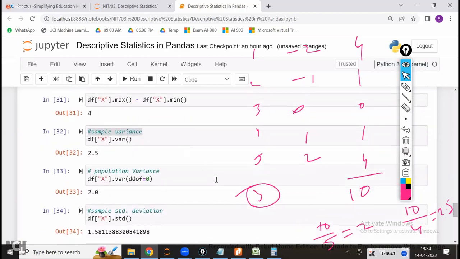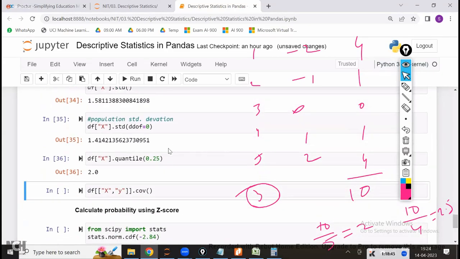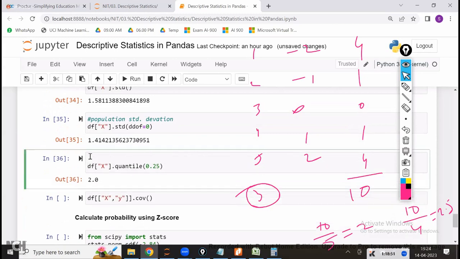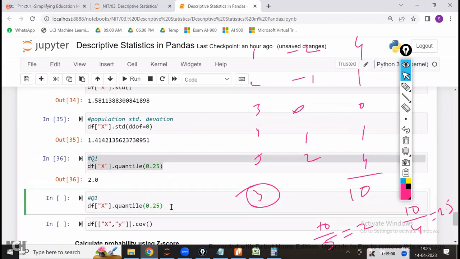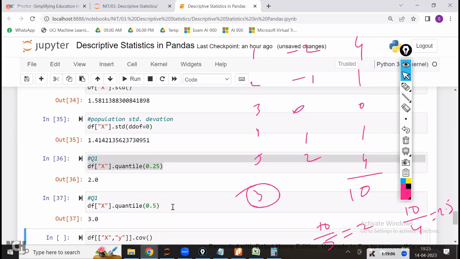So this is the Q1 value. To calculate the Q1 value, you just have to ask quantile of 0.25. This is called Q1. Similarly, how to calculate Q2? Q2 is nothing but the median. If you ask median, no problem. If you ask 0.5 also, no problem. That is nothing but 50% of the data. This is called Q2.